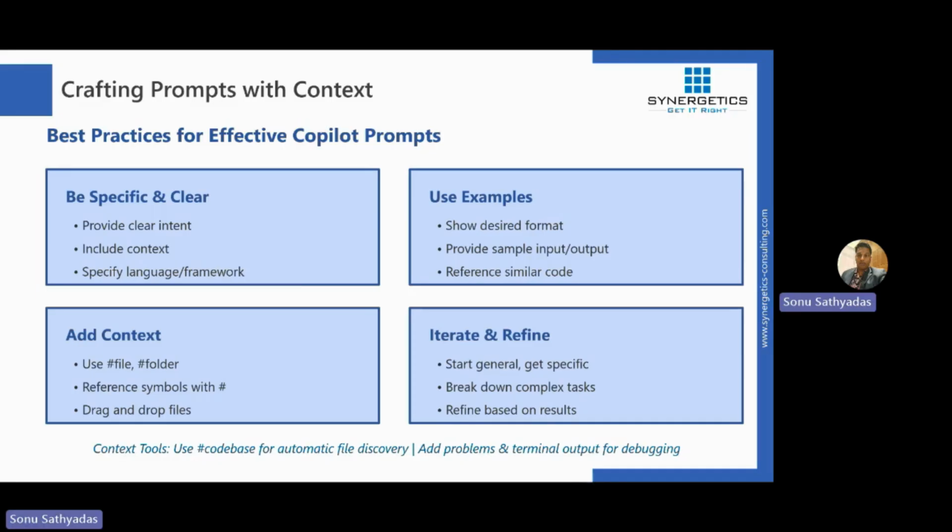And if possible, you can also provide some examples. So what is the benefit of giving an example? If I am asking you to prepare some report, you may be wondering what the format of the report is, or how the report looks. What information should be included in the report?